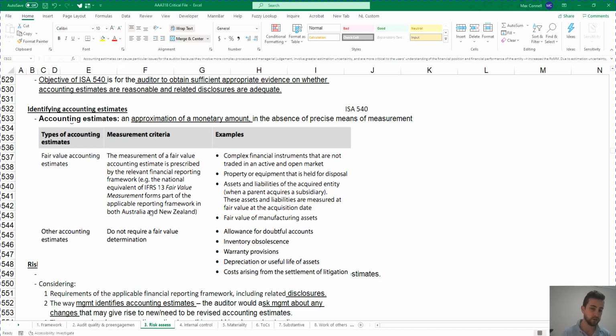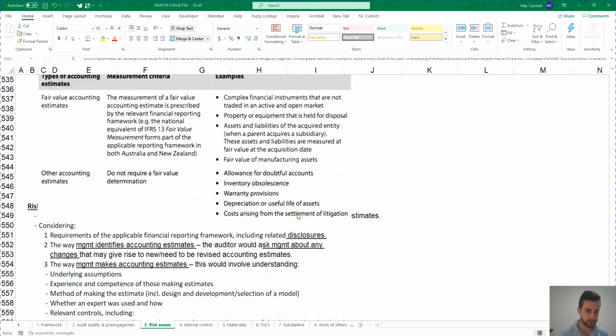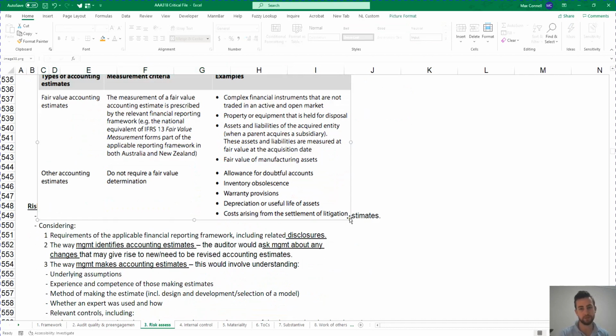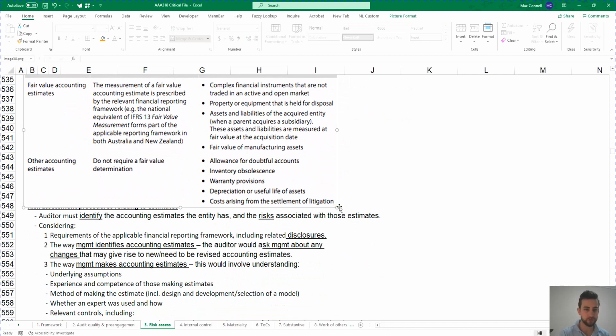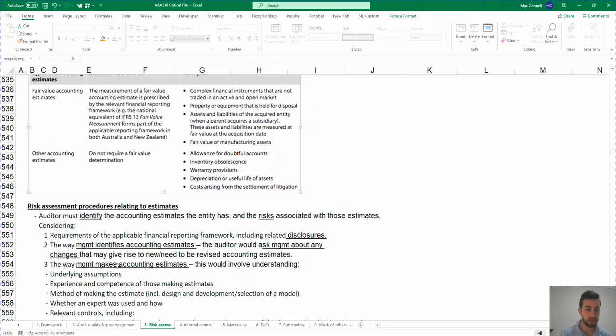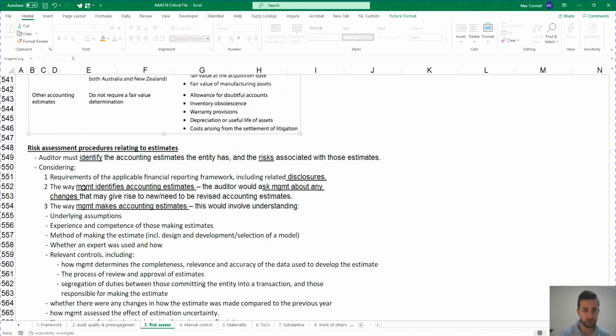Again, how do you know what that actual percentage is? It could be 0% or it could be 100% for all we know. Same with warranty. How do we know how many of our products are going to go bust? We're just guessing. Depreciation or useful life of assets, or costs arising from settlement of litigation. So these are all potential risks, and these are areas where the auditor needs to spend additional time because they do present a higher risk of material misstatement.